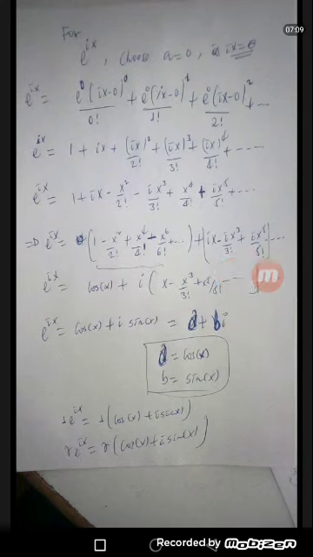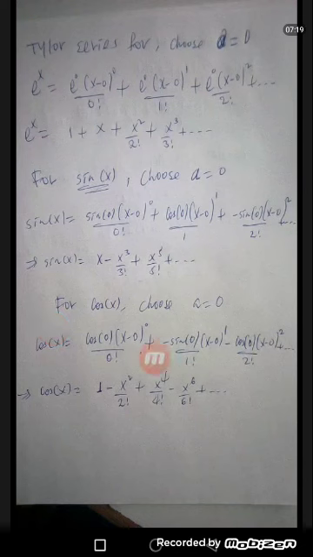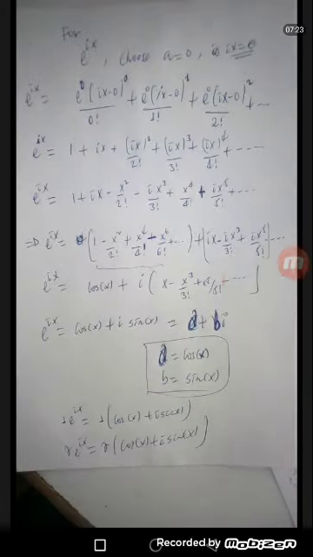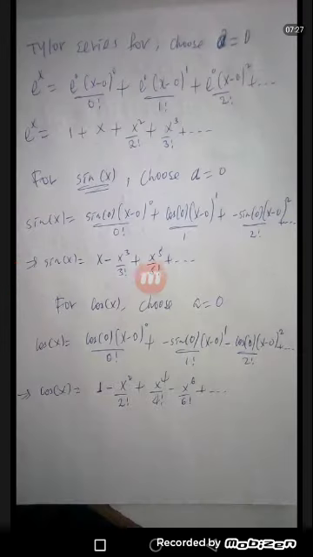I've done it like this, and you can see that the first part is equivalent to cos x, and the second one is equivalent to sin x but multiplied by i.